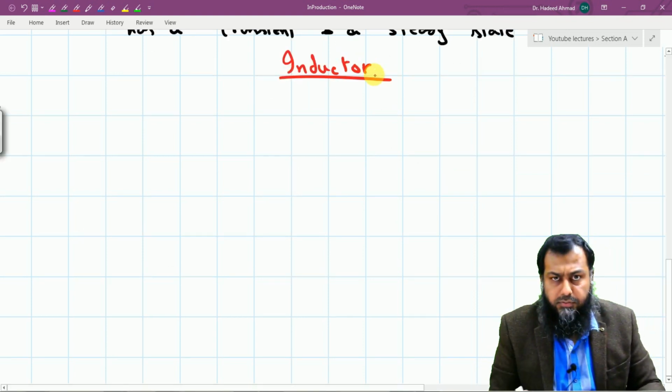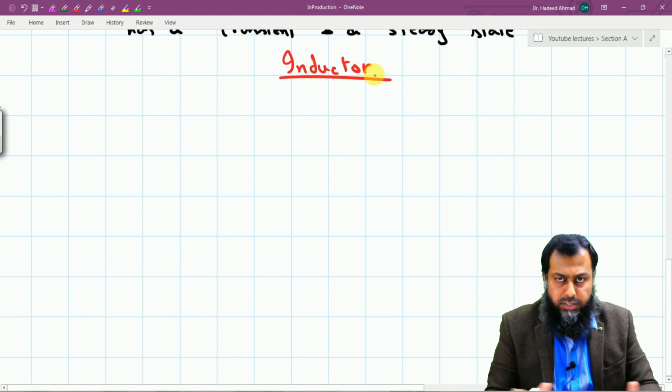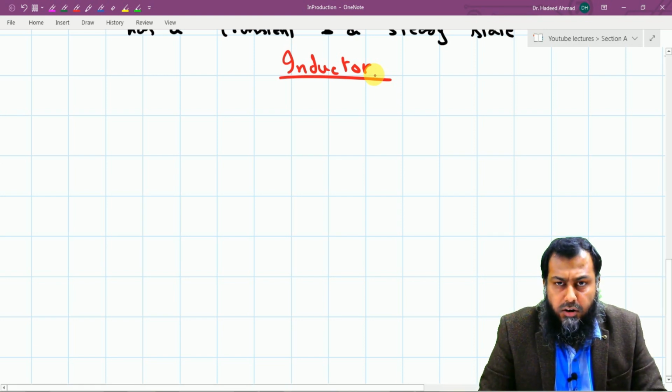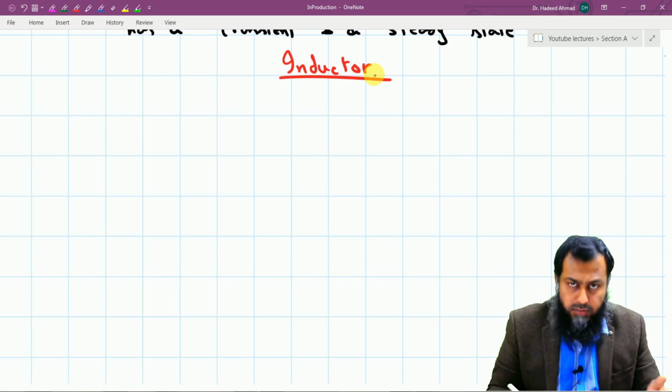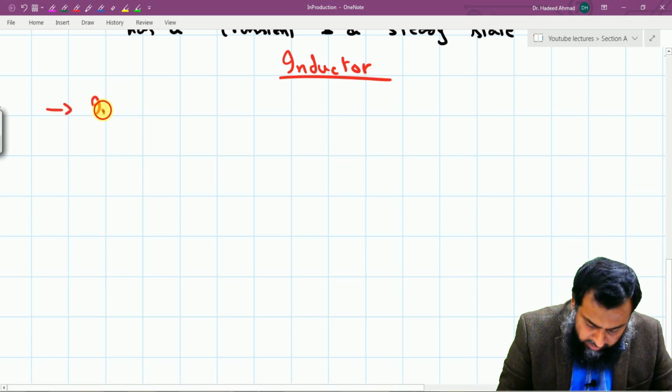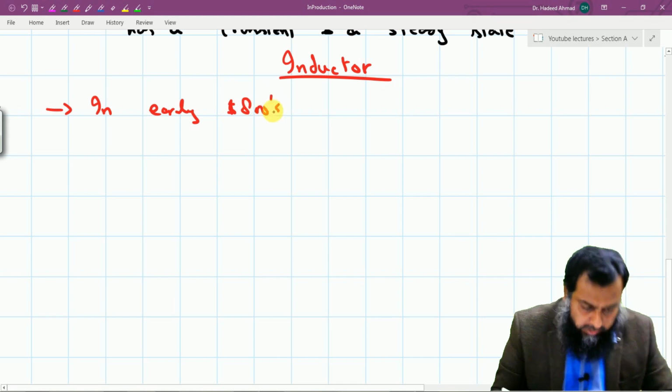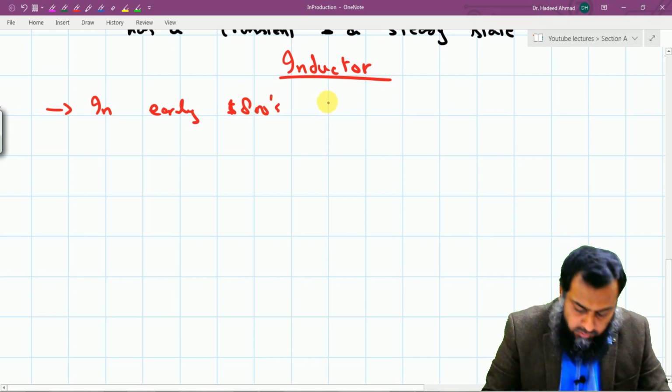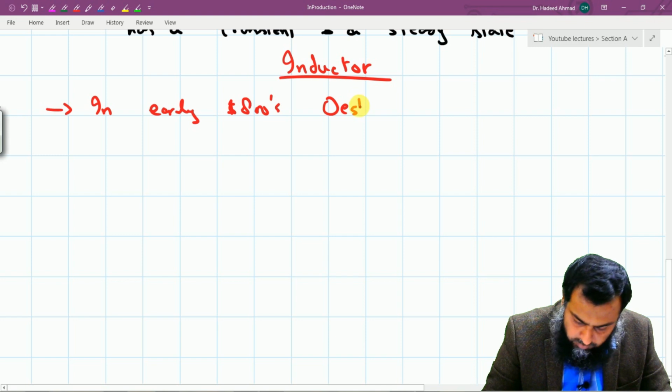The inductor has a little bit of a story involved in it because physics progressed a lot during the 1800s, the 19th century, and the 20th century. Starting from the early 1800s, there was a discovery by Oersted.